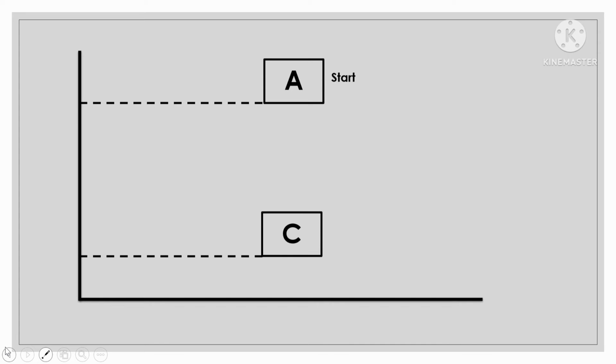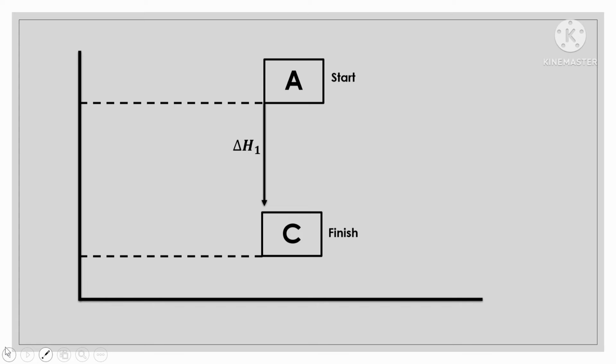Okay, next we will discuss the second diagram. The concept of this diagram is more or less the same as the previous diagram, where substance A can form substance C with one reaction.